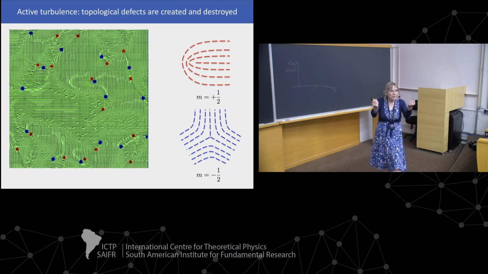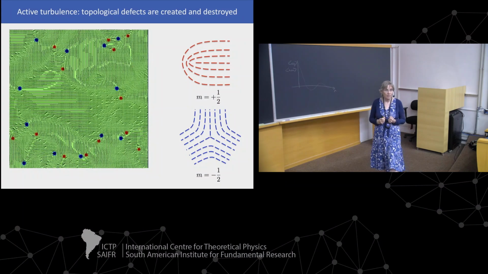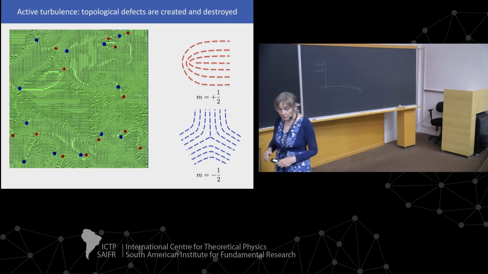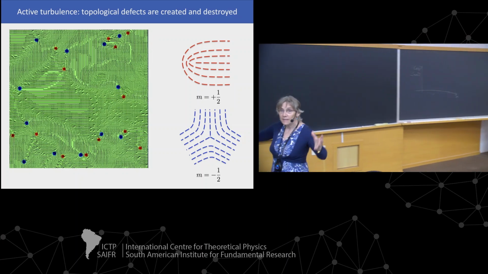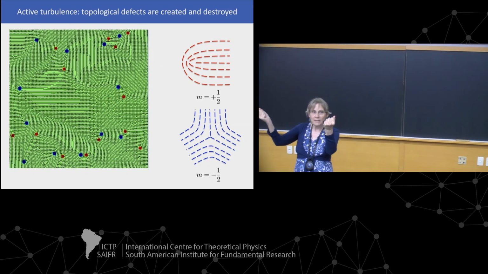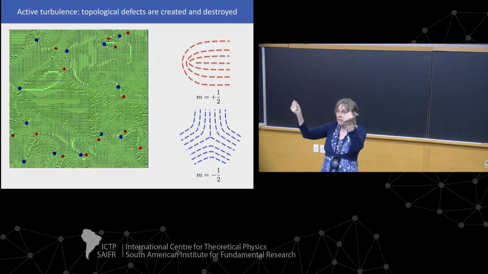Plus and minus defects are popping out. Number of defects is constant. What's happening is that these things are moving around, driven by the flows. If a plus and minus come near each other, they're going to annihilate. But also, they can be created in plus or minus pairs.